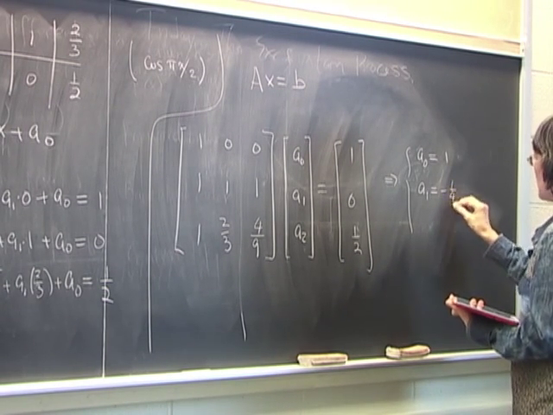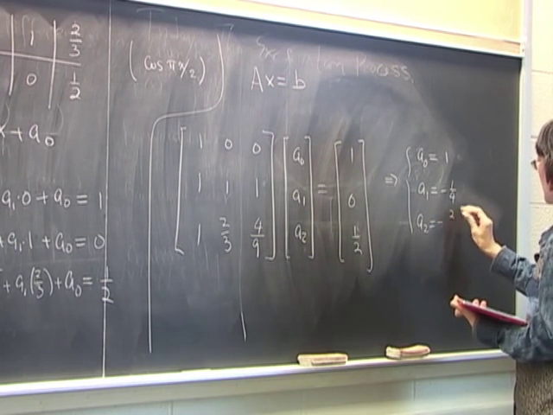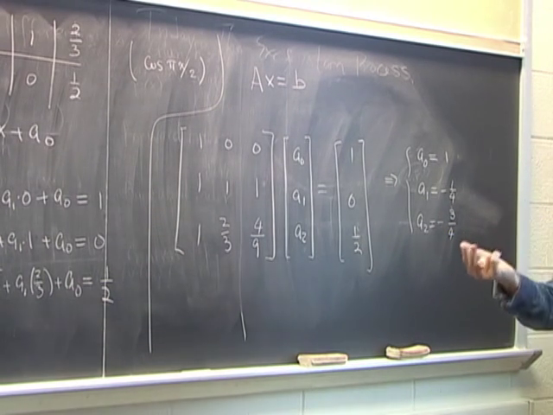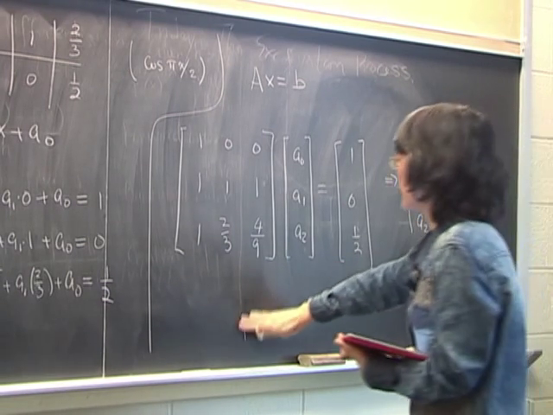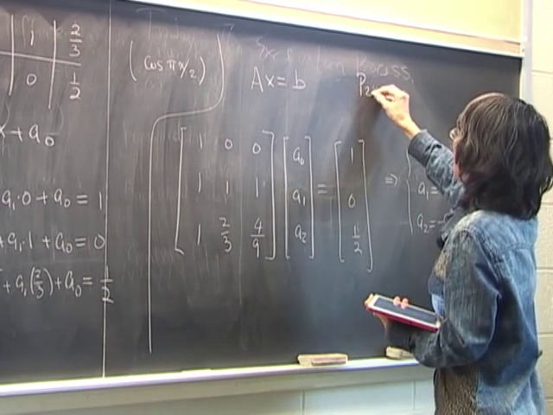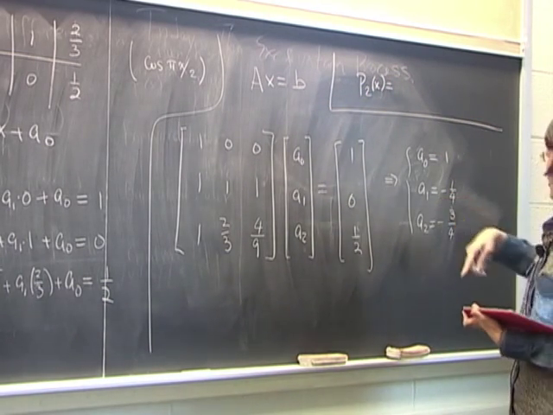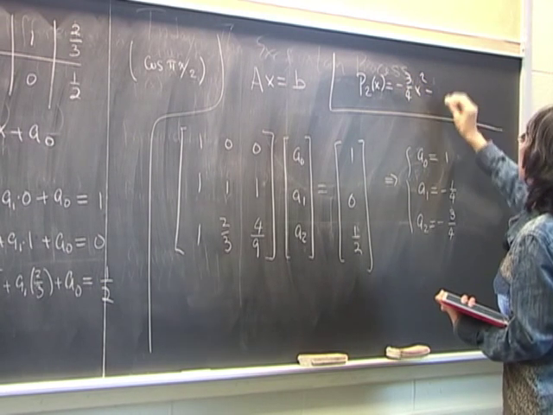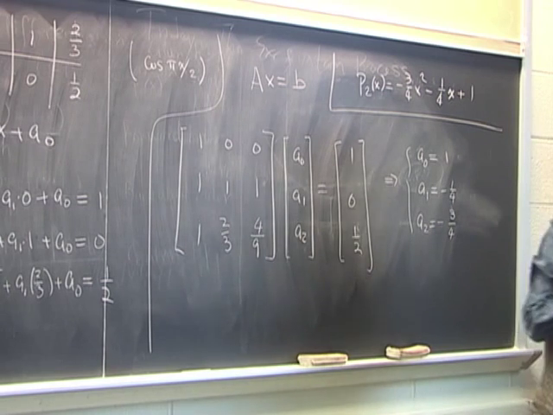It is negative 1/4, and a2 will be negative 3/4. And put them back, and you can have your polynomial. Do we want to write the polynomial? Okay, let's do that. So in the end, this is the answer. This is your polynomial: negative 3/4 x squared minus 1/4 x plus 1.